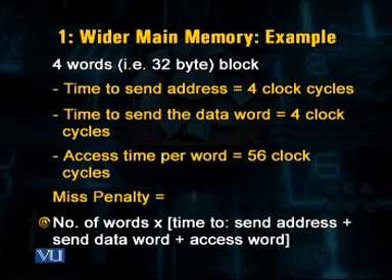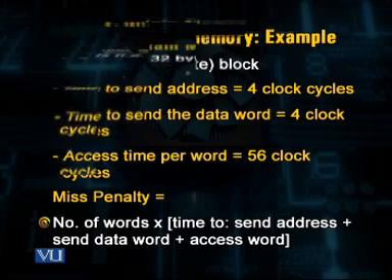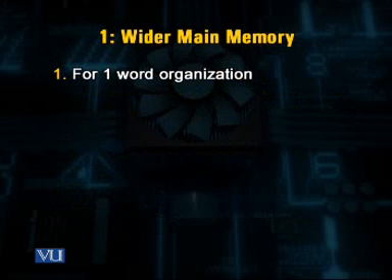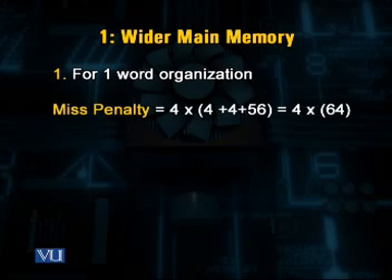Using this definition of the miss penalty, for 1-word organization, the miss penalty can be calculated as 4 multiplied by (4 plus 4 plus 56), where the first 4 corresponds to the 4 words of the memory.